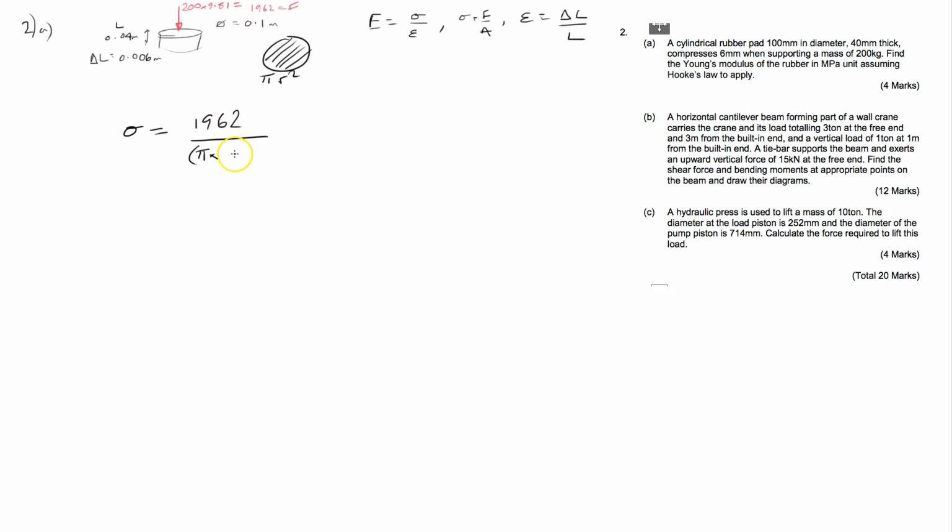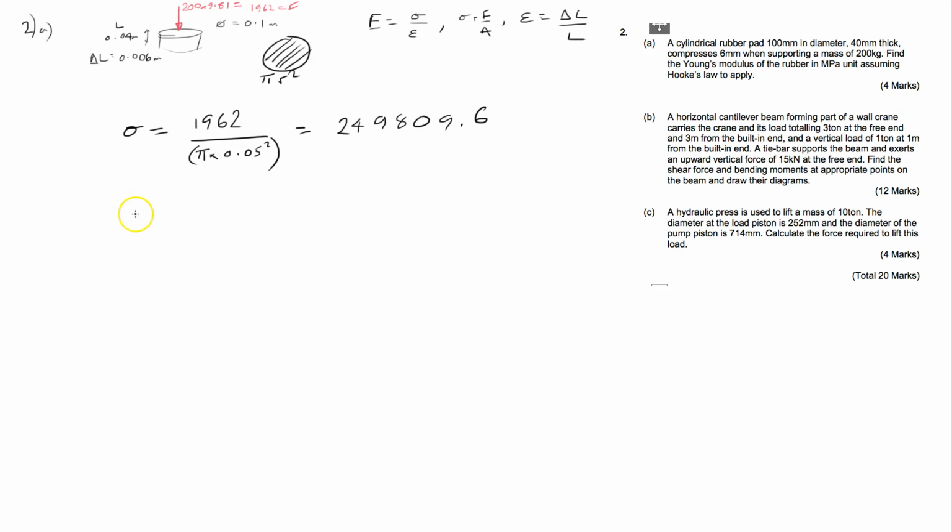It's got a diameter of 0.1, so 0.05 squared, and that is equal to, type that into my calculator, this very large value, so 249,809.6 I'll round up to.